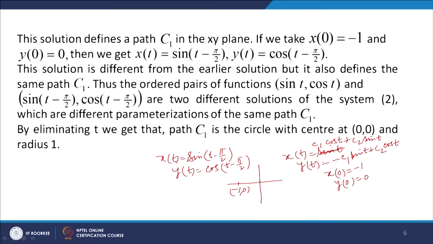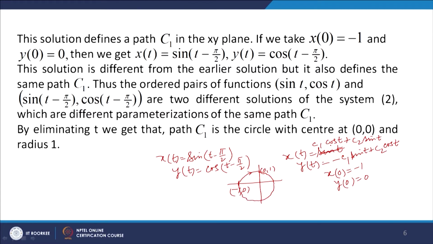And then when t increases from 0 and goes up to pi by 2, x(pi by 2) is 0, and y at t equal to pi by 2 we get 1. So we are moving in this direction and reach the point 0, 1, and then we have this clockwise direction.